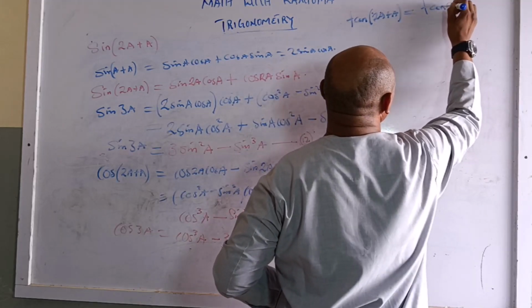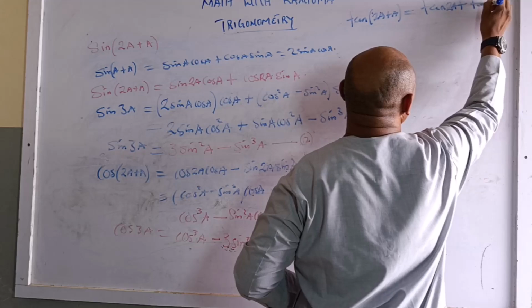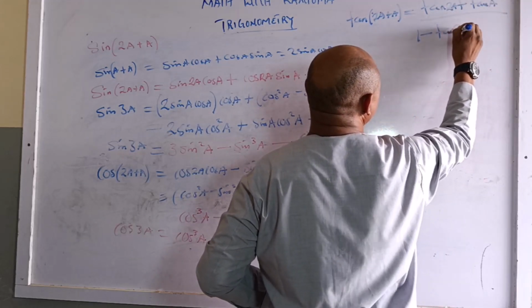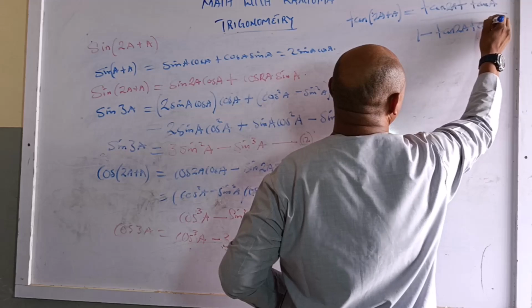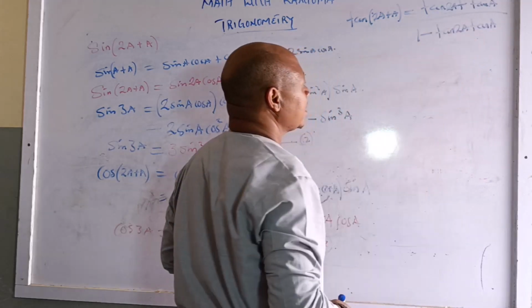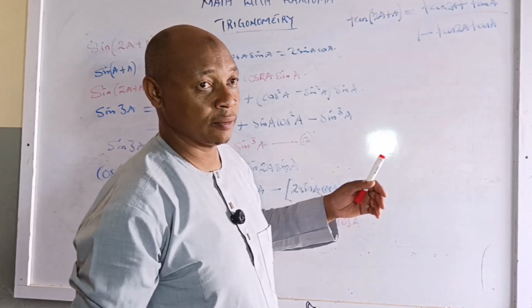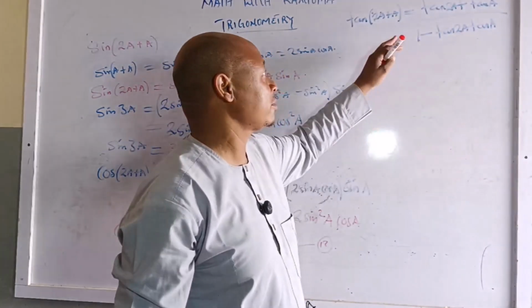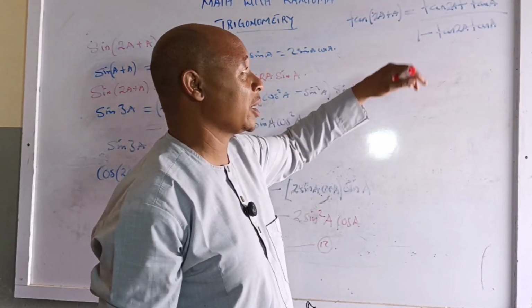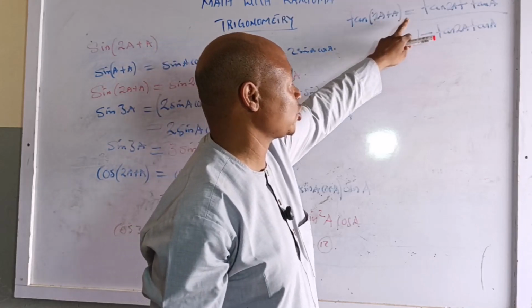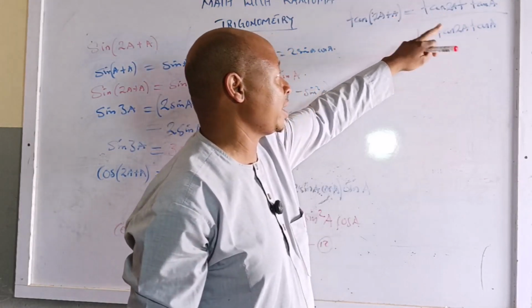Let's say this is tan 2A plus tan A all over 1 minus tan 2A times tan A. One of the angles is 2A and the other angle is A. We can deduce this by substituting the value of one of the A as 2A and the other A as it is.